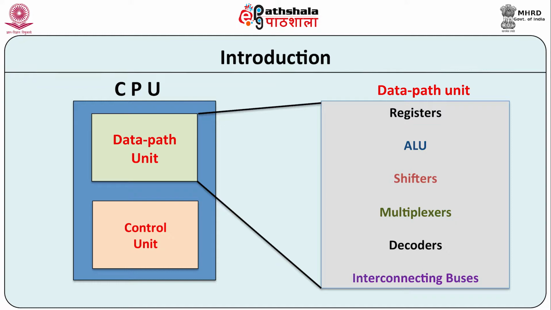Design of the data path is related with processor organization. A good data path is one through which the data signal takes the minimum end-to-end path for execution, giving the highest possible speed.